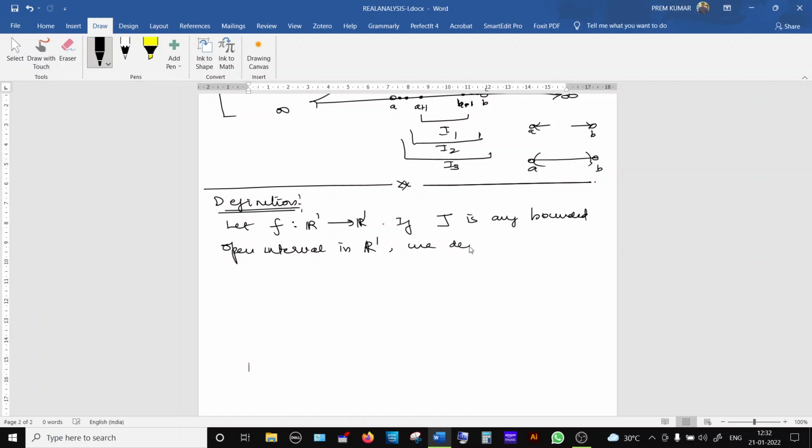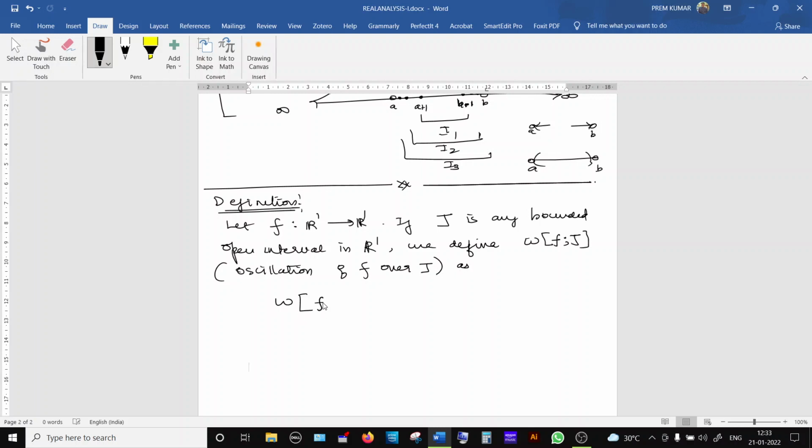We are going to define a new real number, called omega of f semicolon J. Unlike an open ball, this is a real number, not a set. We call this the oscillation of f over J.